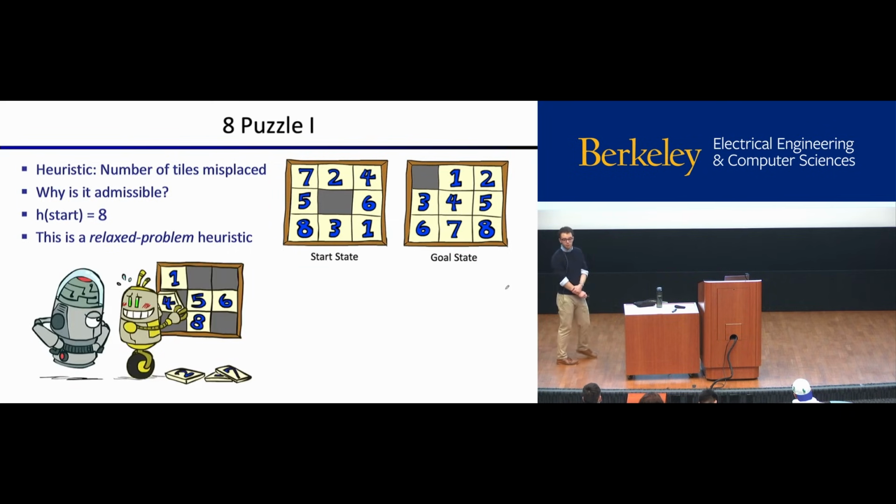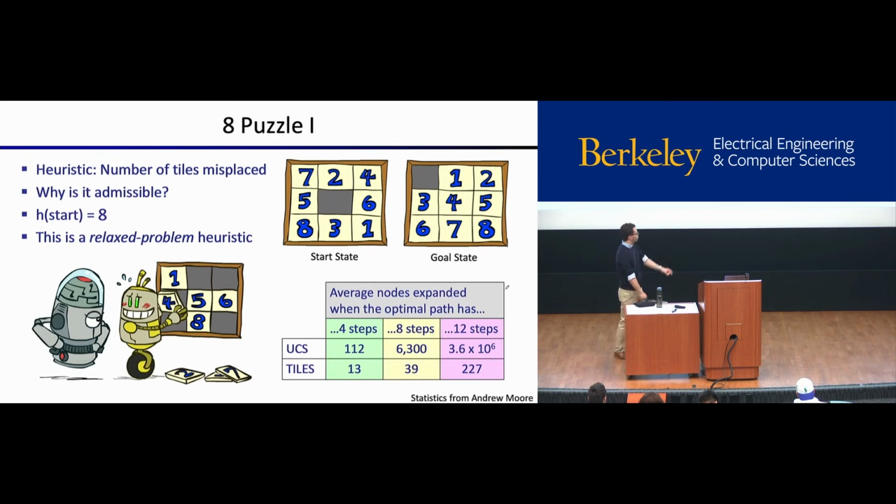That's actually just cheating, right? It's like you pull the thing out of the board, you put it where it needs to go. That's a much easier problem to solve than the one where you have to move them around carefully and obey the rules. But nevertheless, this is a good heuristic, and if you use this heuristic versus uniform cost search, once the problem starts to get really big, you go from millions of nodes expanded to 200. So this is a really big cost savings.